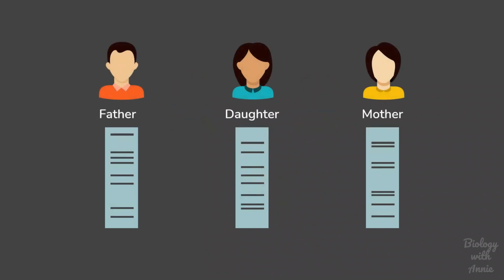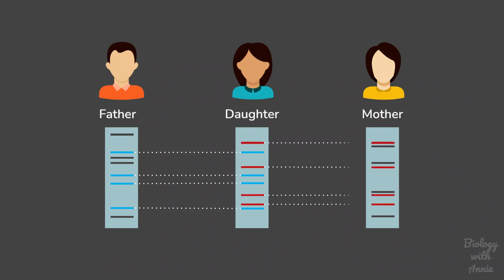As a result, a person's DNA fingerprint or profile will partially match the parent's DNA profile such that 50% of the bands will match the father's profile and the remaining 50% will match the mother's profile. This makes DNA fingerprinting useful for paternity and maternity testing as well.